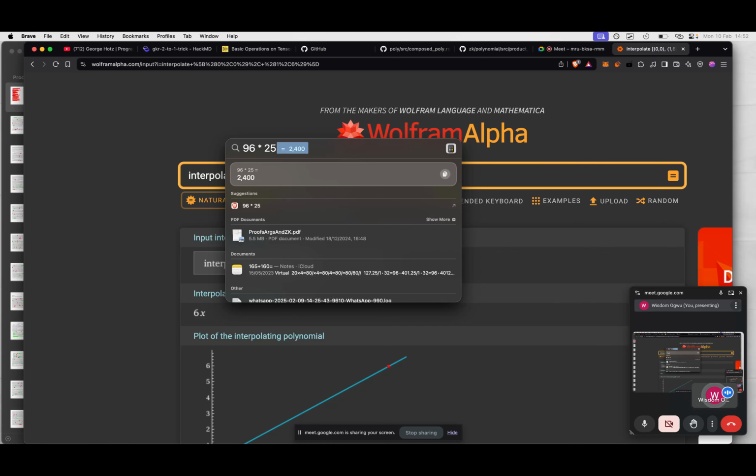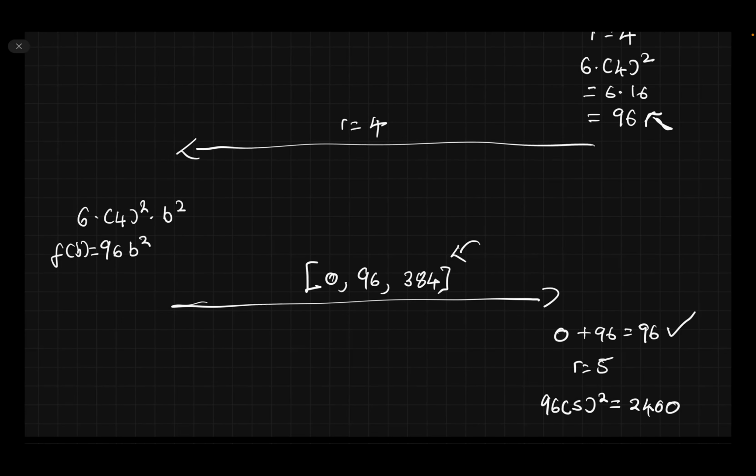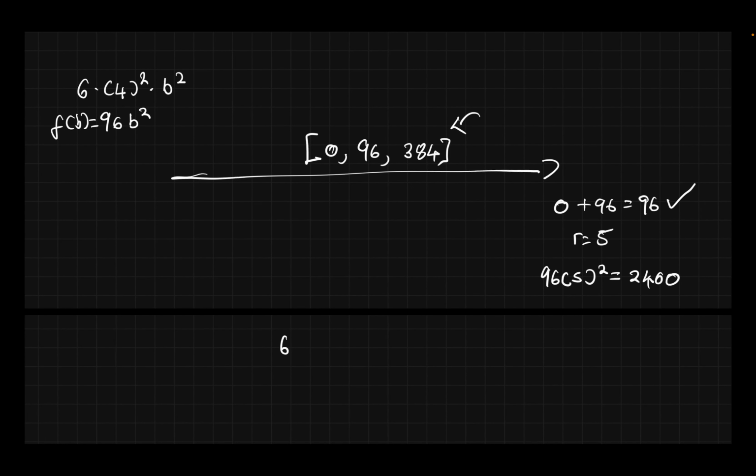Then we evaluate the initial polynomial at 4 and 5, so 6, 4 squared, 5 squared. We already know this will give us 96, and then 96 times 25 will give us the same.